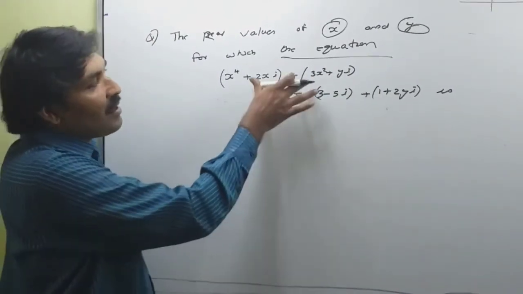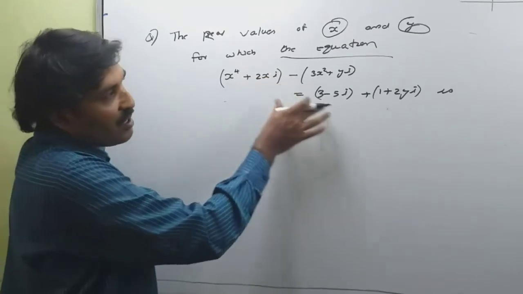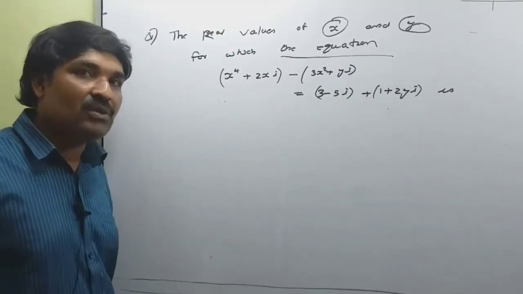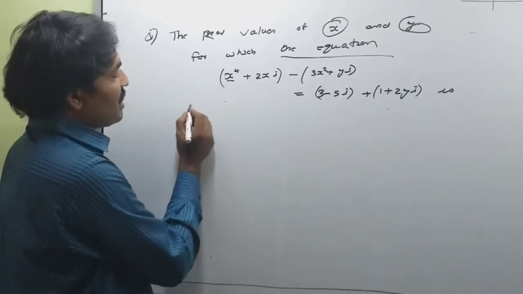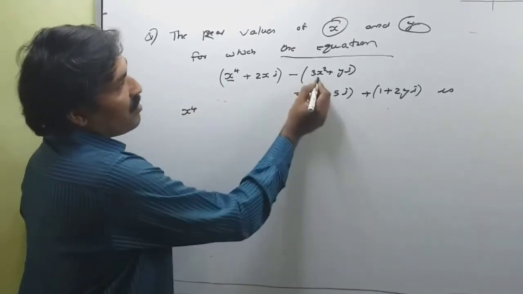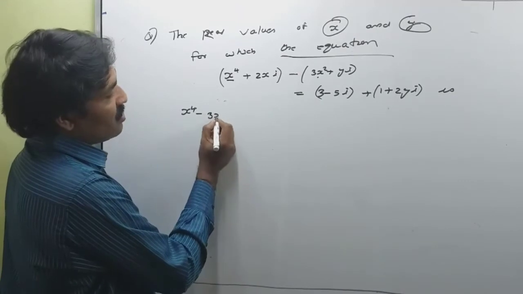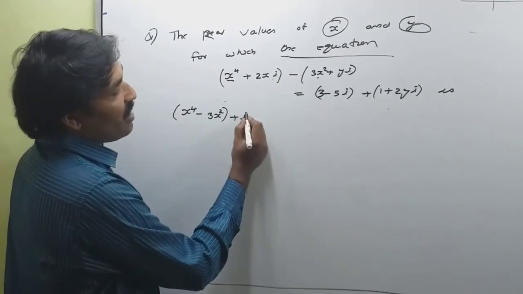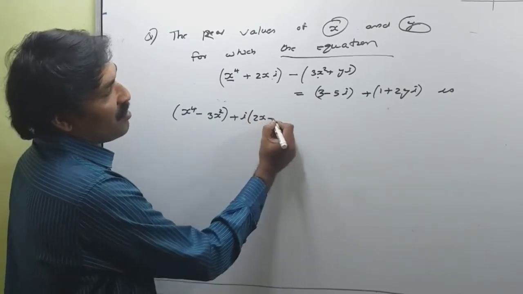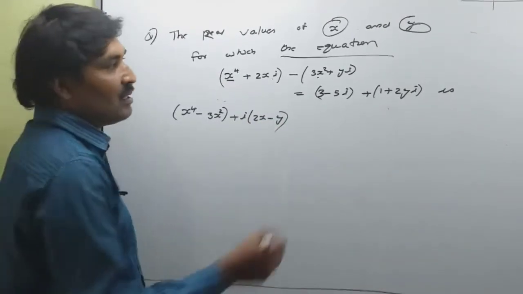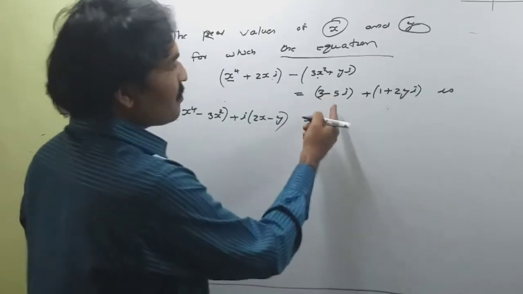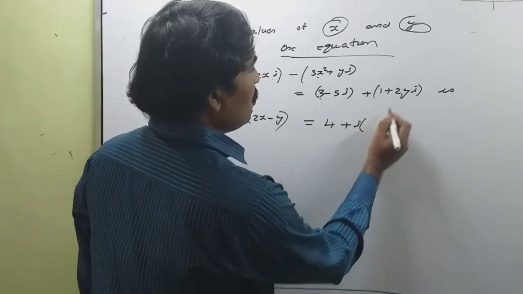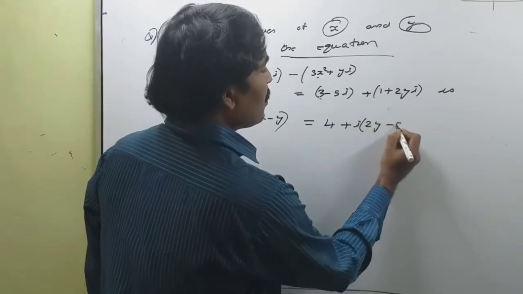So now collect the real part and imaginary part in LHS and real and imaginary part in RHS, and then we have to compare. So here we have x raised to 4 minus 3x square, that is the real part of LHS, plus imaginary part of LHS is 2x minus y. That is equal to, here real part is 3 plus 1, 4, plus i into 2y minus 5.